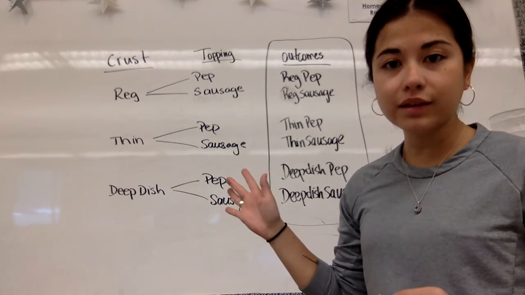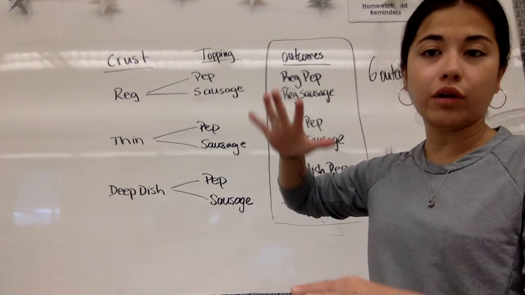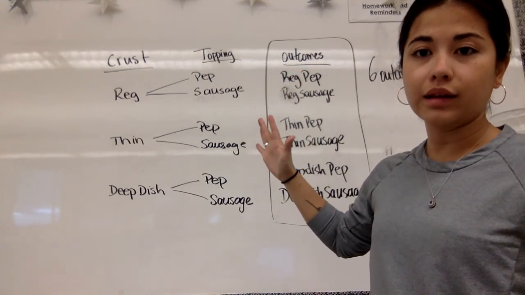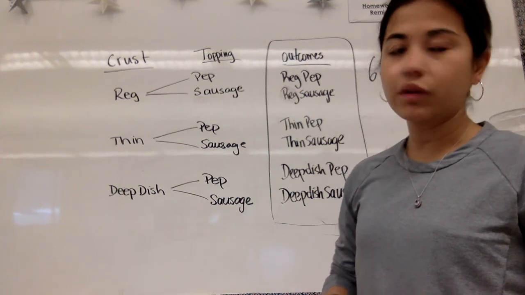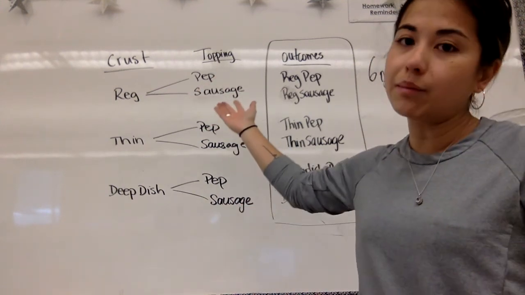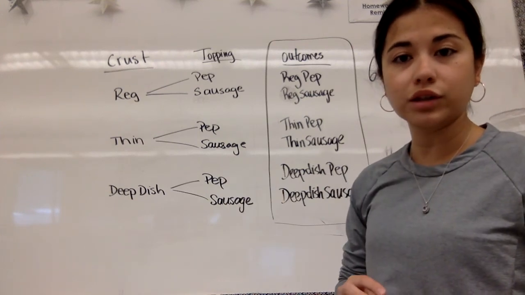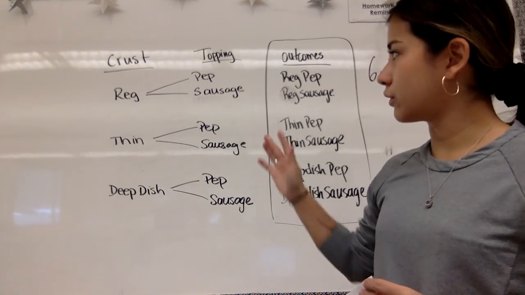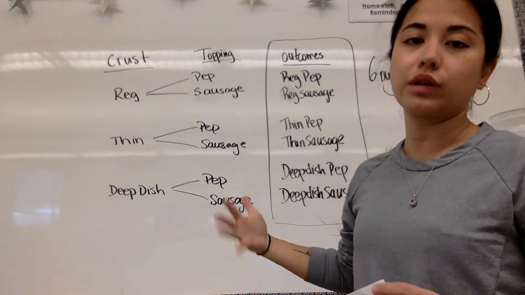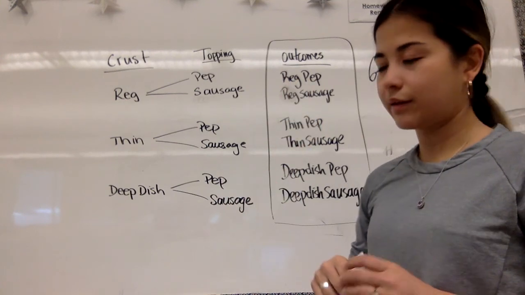The purpose of this is that eventually there are questions where the tree diagram gets so big and there are many, many options that you do need to use a tree diagram. Right now for crust and topping, yeah, maybe we could have done this in our head, but this is practice for when we get to really big questions later in this unit and when you're in high school, that there are many different options and you really do need a tree diagram. You can't just keep it all in order in your head. Okay?